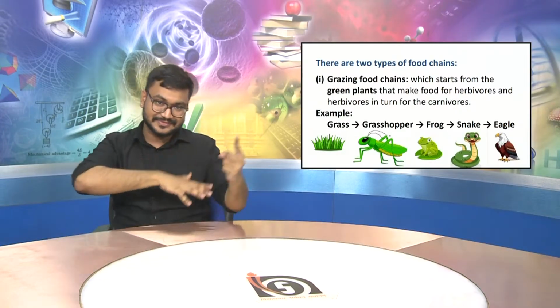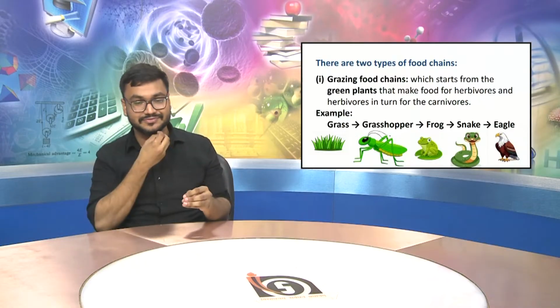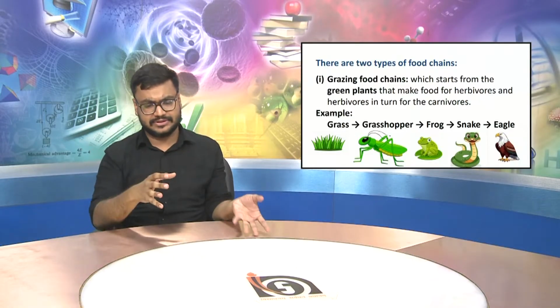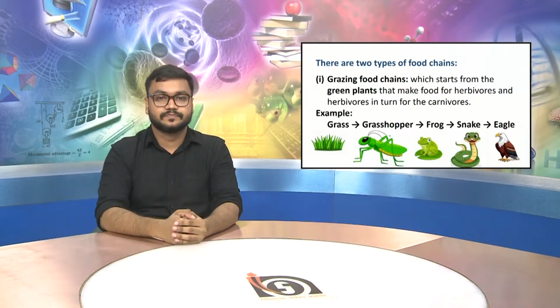For example, at first grass, then grasshopper, then frog, then snake and then eagle.